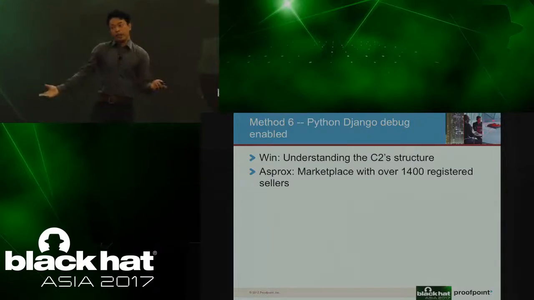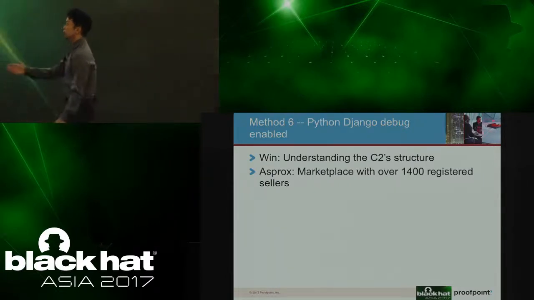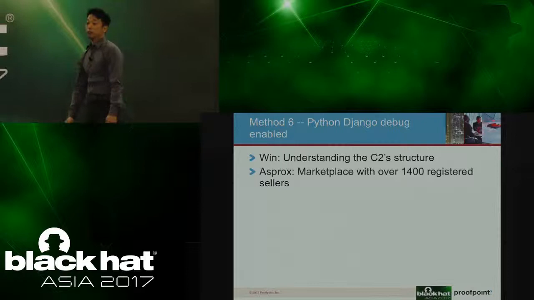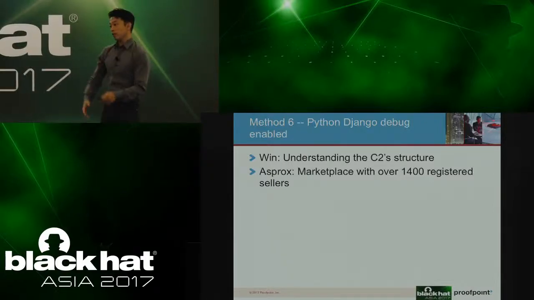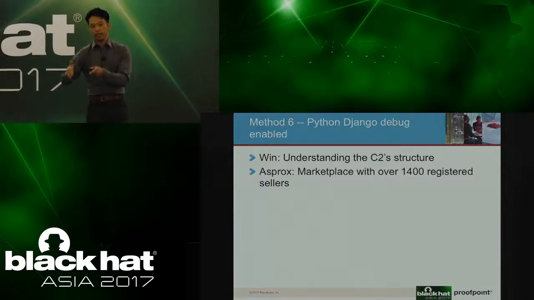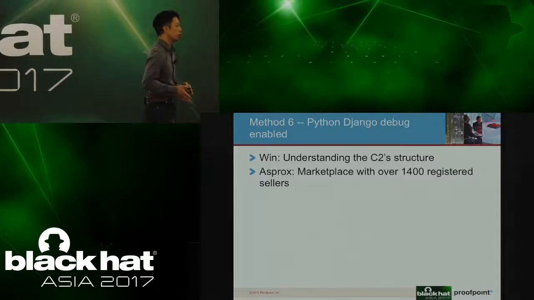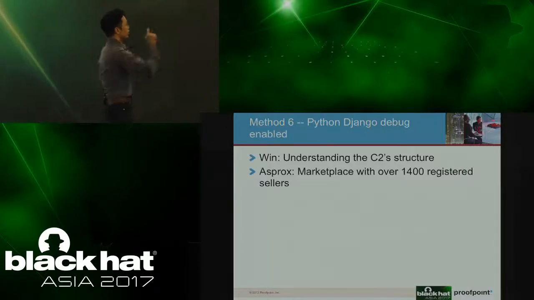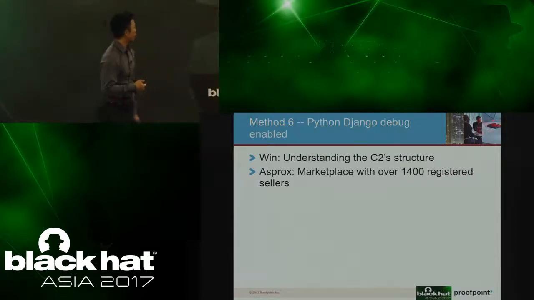Not everybody uses Python. Some actors like to use PHP. Some actors do use Python, right? And if you realize that this actor is using Python for their command and control server, you can use Django. If they turn the Django debug on, and who turned it on when we were researching this?